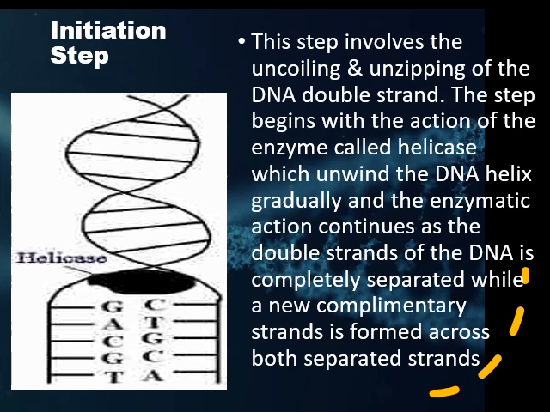In the picture here, you can see the helicase in black, and it begins to unwind in this direction, like that. These are the separated strands, and these are the complementary bases together.